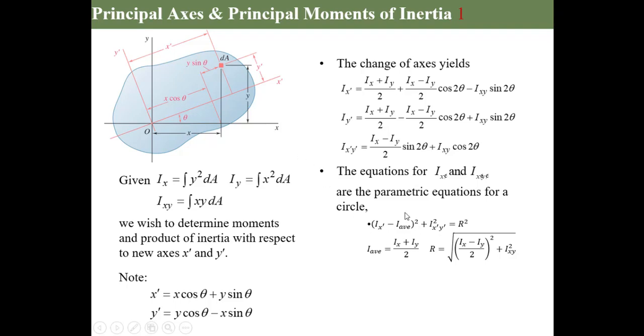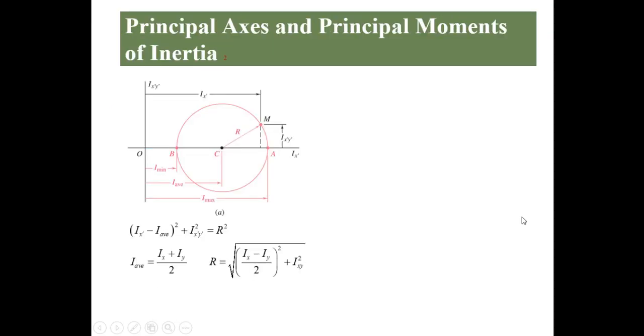Okay, so keeping track of this equation, we're going to look at the average, which is between Ix and Iy divided by 2, the average of those two directions. And we're also going to be using this Ixy product of inertia concept to do this. For this, we're going to use something called Mohr's circle.